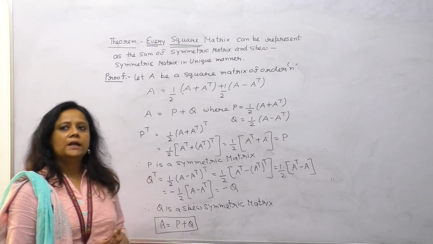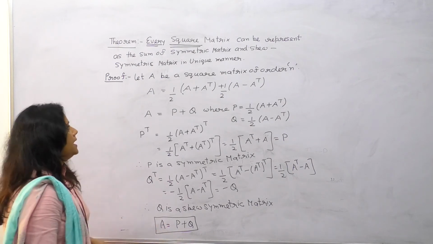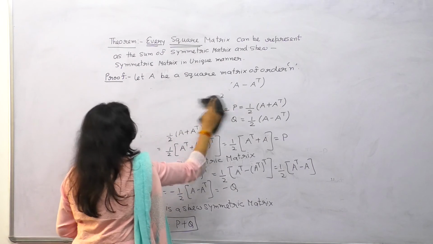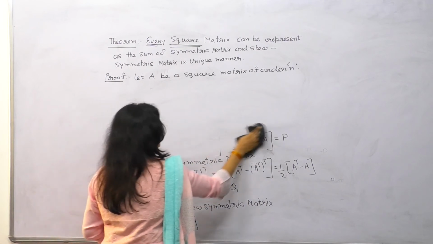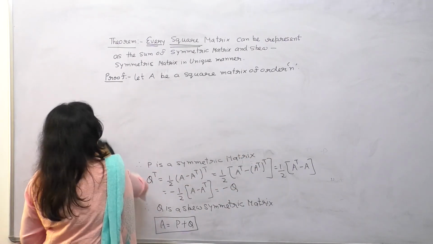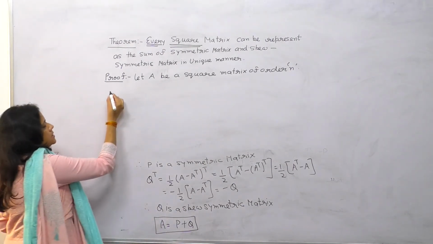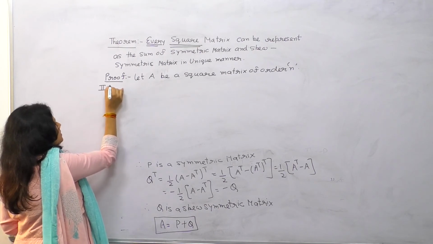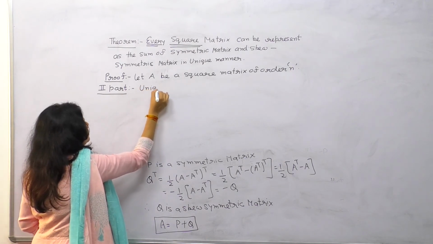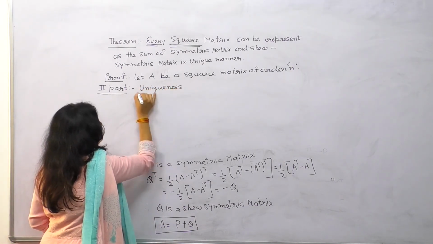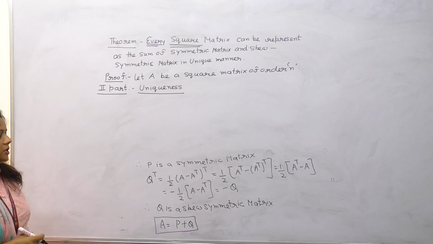And for the uniqueness, that means P is equal to R and Q is equal to S. So the second part is uniqueness. We prove this part by contradiction.